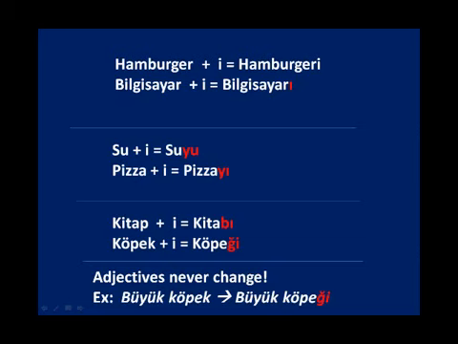Adjectives are invariable. So, if you have "büyük köpek," a big dog, and you make it an object, like I see a big dog, then the dog is the object, but the adjective never changes. So the accusative form of "büyük köpek" is "büyük köpeği." "Köpek" changes, but "büyük" doesn't change. It's an adjective. Adjectives never change.